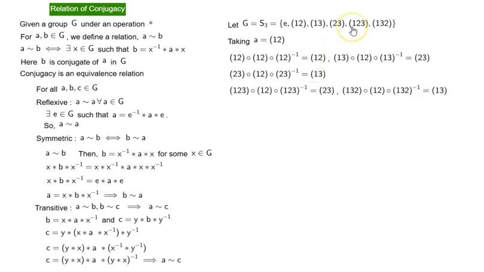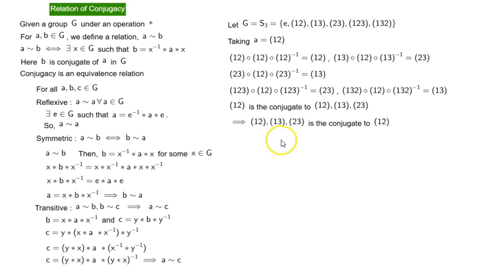Now let's take the next element (1 2 3). So (1 2 3) times (1 2) times (1 2 3) inverse gives us (2 3). And taking the next element, we get (1 3 2) times (1 2) times (1 3 2) inverse. Evaluating it, we get permutation (1 3). So (1 2) is conjugate to (1 2), (1 3), and (2 3).